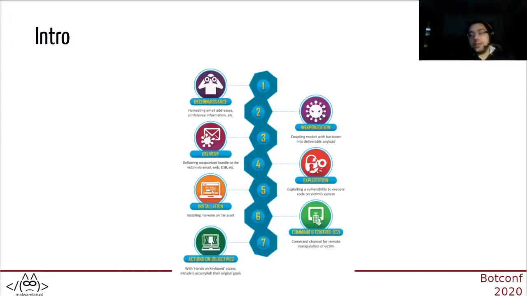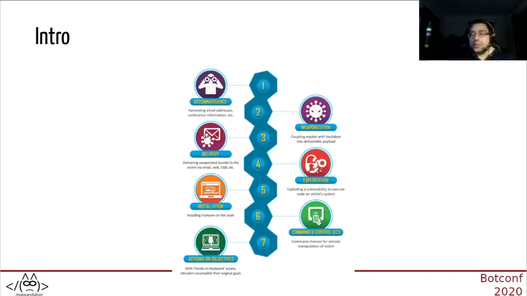Weaponization will be gathering some tools that you will need to compromise the target. Delivery, obviously, is the way we want to deliver the malware or exploit itself. Mostly it will be spear phishing emails or watering hole attacks. At some point some sort of exploitation will happen, like a user enabling macros or whatnot.